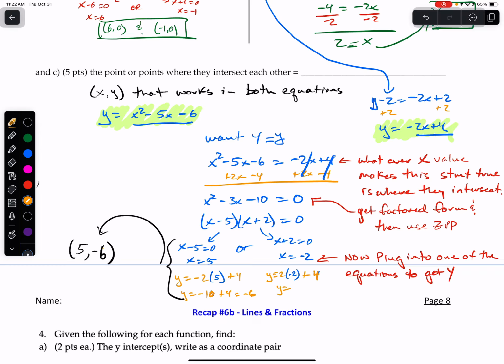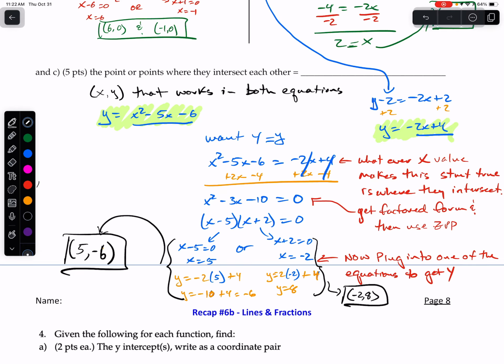So y equals 8. So this side over here means my other point is negative 2 comma 8. So there's one, there's the other.